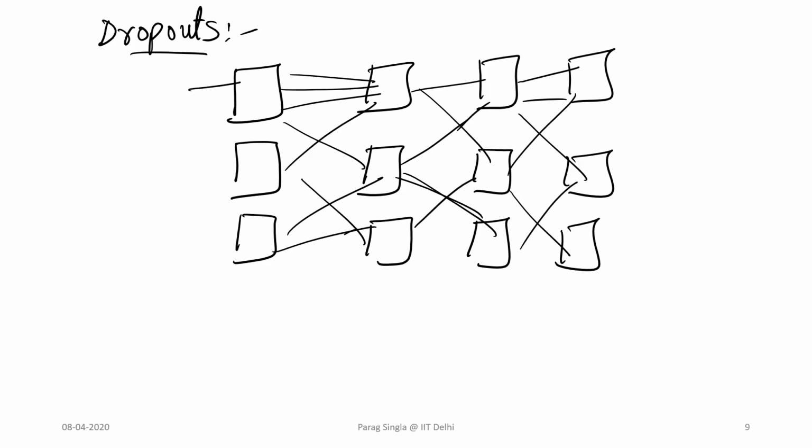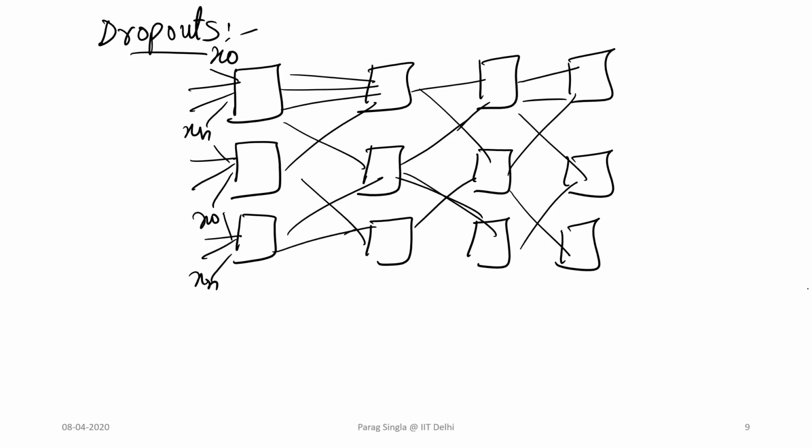This is a generally connected network, but it could be a CNN, where the connections will be defined accordingly. It could be an RNN, where the connections and the weights will be accordingly defined. It doesn't really matter for understanding dropout.